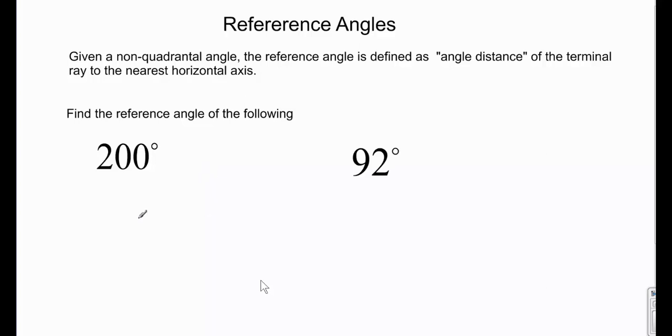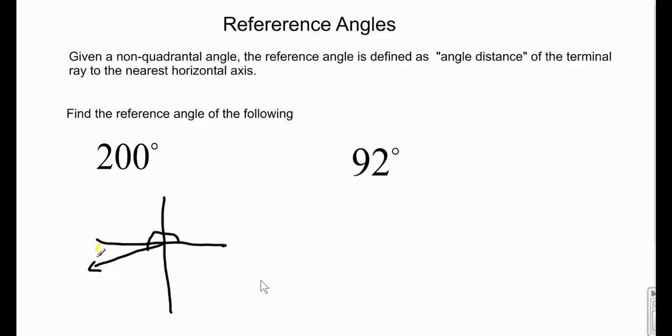So I have 200 degrees and I'm looking for a reference angle. We want to know where 200 degrees is. It's roughly in the third quadrant if I rotate counterclockwise. By definition, the reference angle is the angle distance to the nearest horizontal axis.